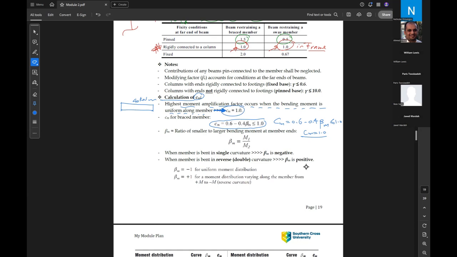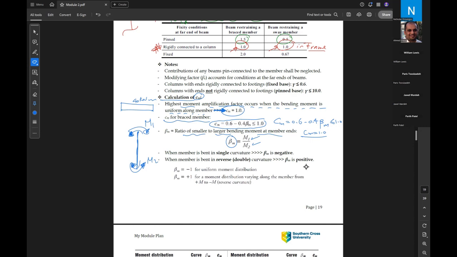Okay, so for the normal or general cases, CM is using this formula for braced frame, where beta M is the ratio between M1 and M2. M1 and M2 are the two end moments. So if we have our member like that, we have M1 in one end and M2 in the other end. Generally, beta M is the ratio of the smaller to the larger bending moment.